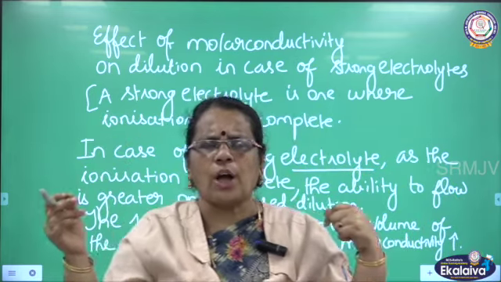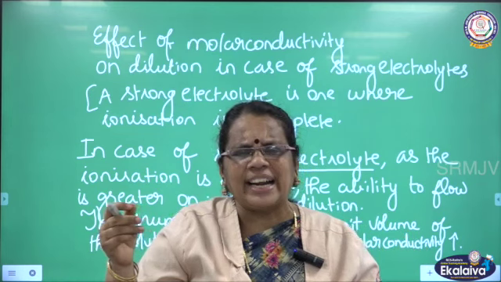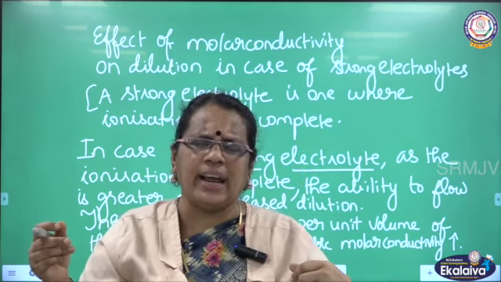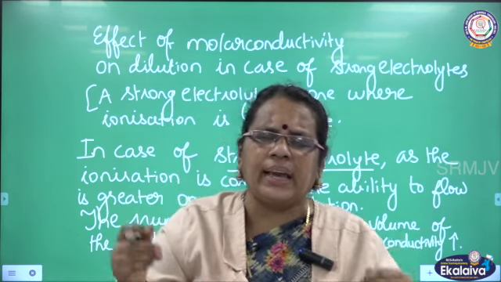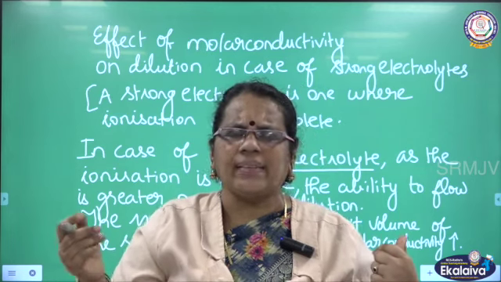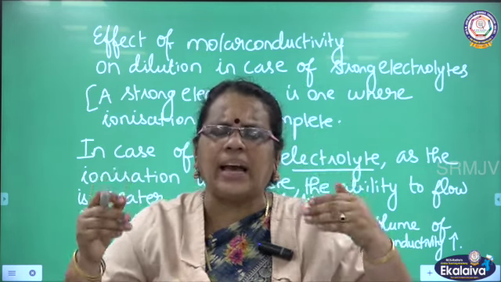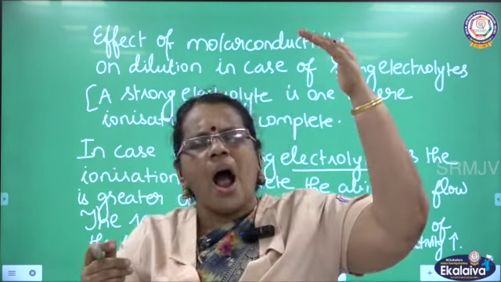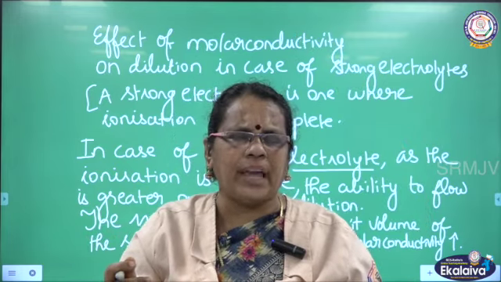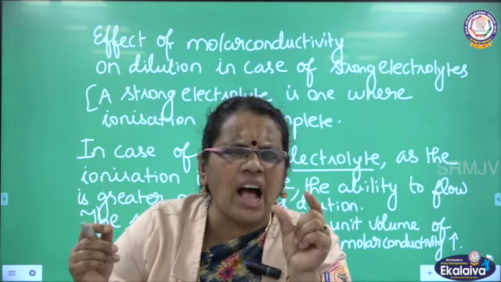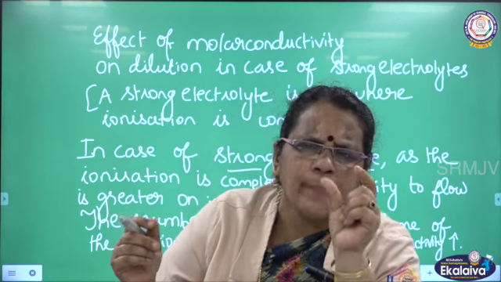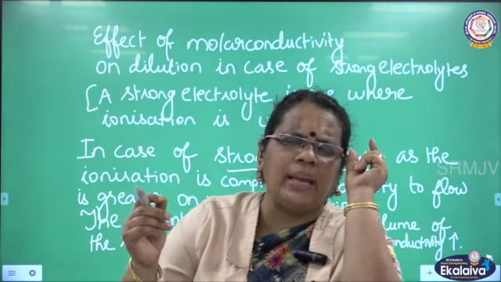Now the effect of molar conductivity in case of strong electrolyte. Complete ions are produced here. On dilution, the number of ions produced per unit volume of the solution will be greater.